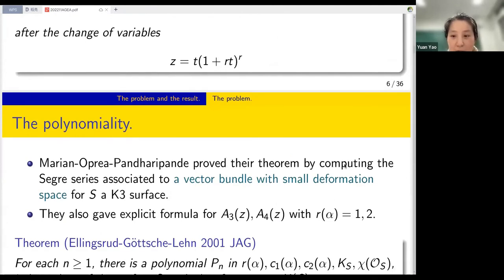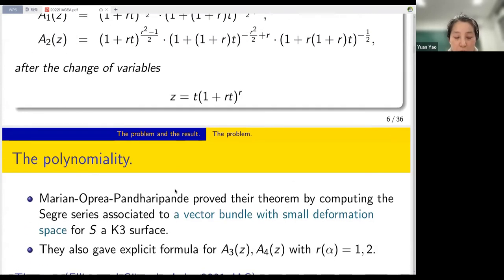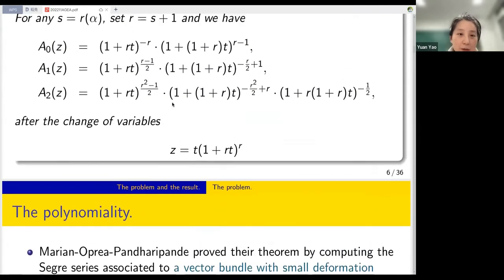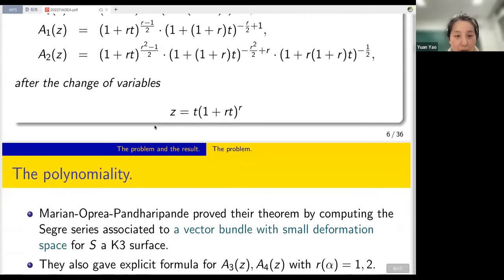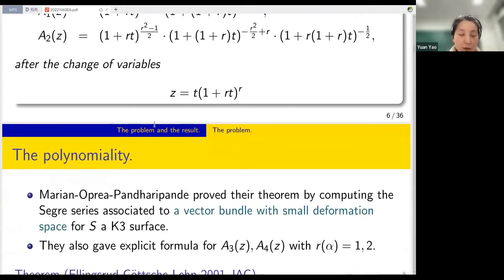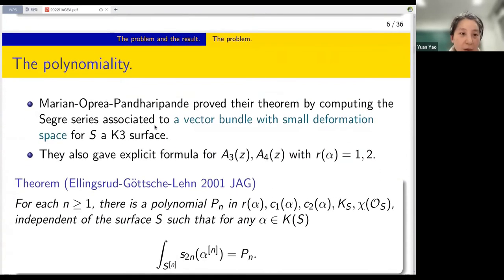They prove the theorem by computing the series associated to a vector bundle with small deformation space on a K3 surface. So you choose a vector bundle, then you have a positive rank, right? But the theorem is about all ranks. So why can we conclude this statement for all ranks? Because we have this polynomiality.